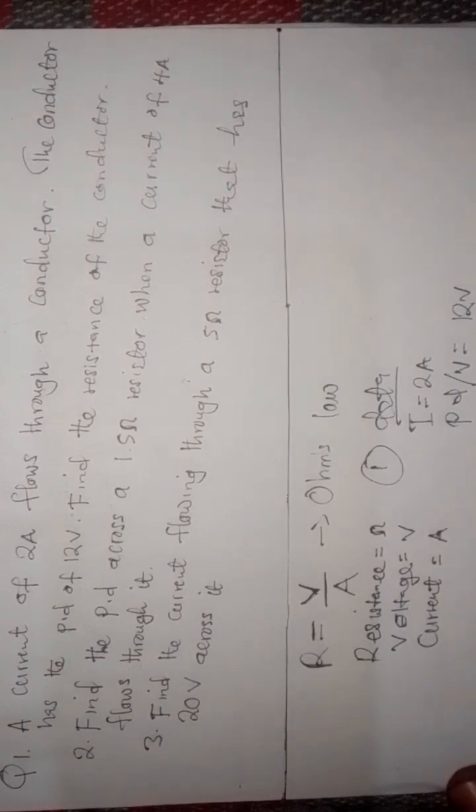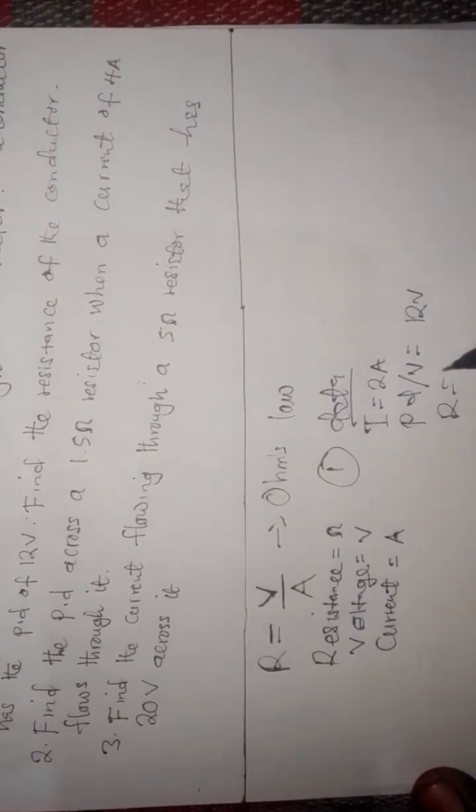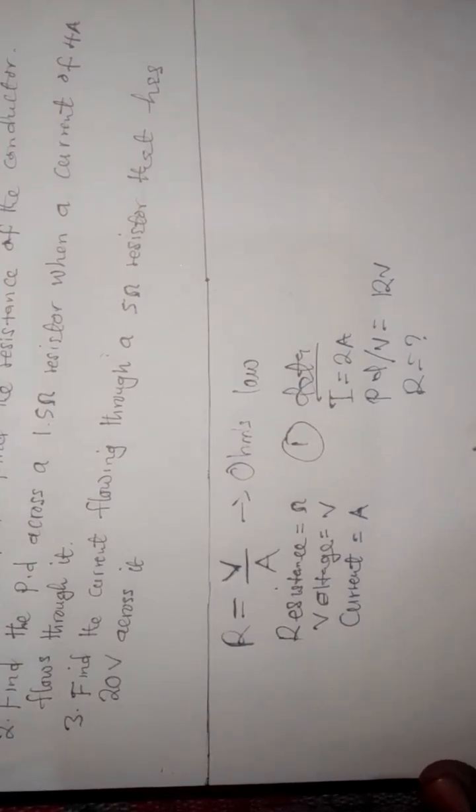What else? The question is saying find the resistance of the conductor. The resistance there, we don't know. Therefore, for this question 1, remember, resistance is equal to voltage over current.